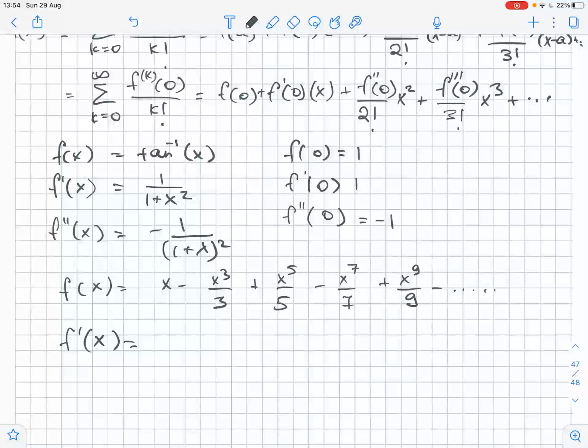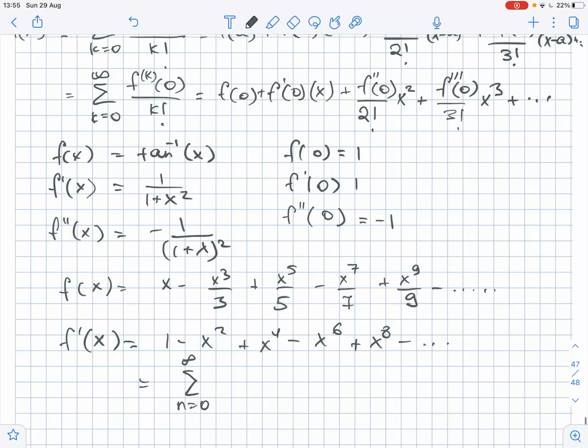Now let's differentiate f of x with respect to x, and we get that f prime of x equals 1 minus x squared plus x to the 4th power minus x to the 6th power plus x to the 8th power, and so on.